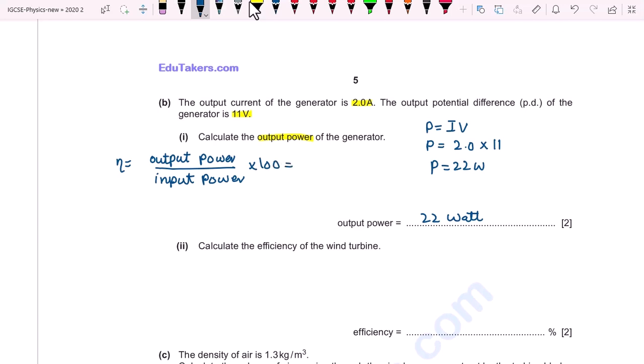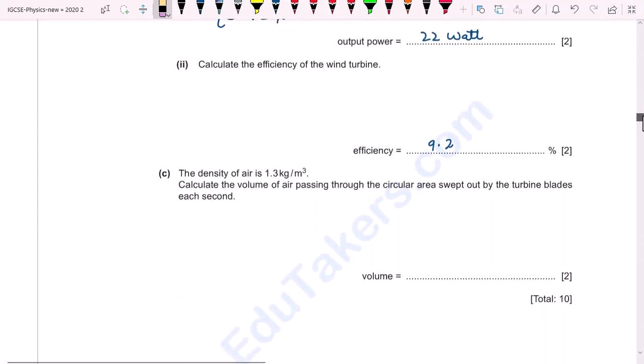Here output power is 22 watt and input power we already calculated is 240 multiplied by 100. So efficiency comes to be 9.2%. So I write here efficiency is equal to 9.2. Percentage sign is already shown here, so we don't write here again. So let's move towards the next part.